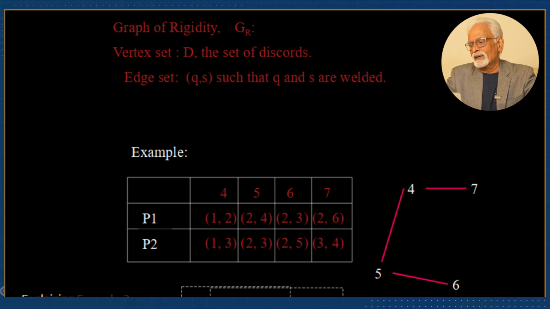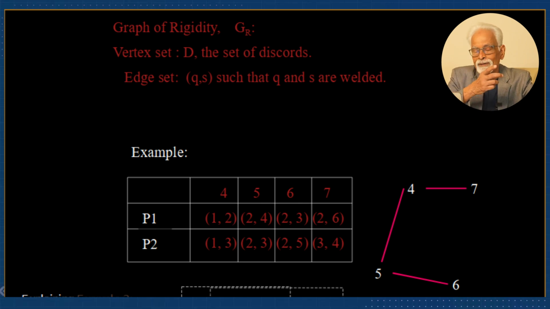Now we will start with the last one, that's 7. In the first pedigree, the edge we have corresponding to 7 is 2, 6. And in the second pedigree, you can see that 6 is inserted between 2 and 6, so 2, 6 is available, so there is no problem. And 3, 4 is the last edge in P2, and 3, 4 is not available in P1. 3, 4 is not available because we are inserting 4 between 1 and 2.